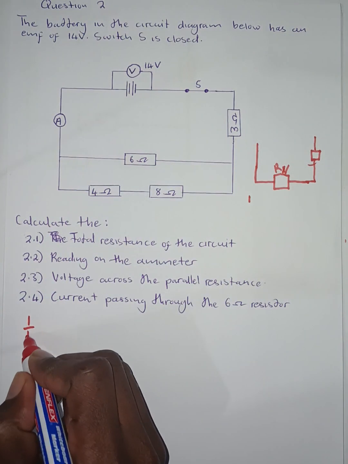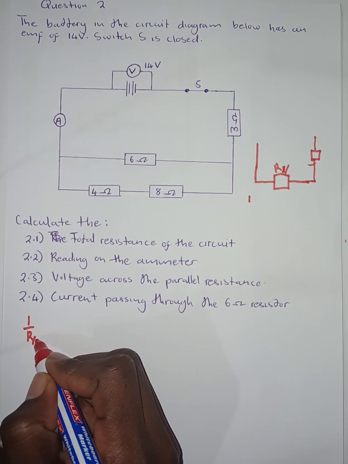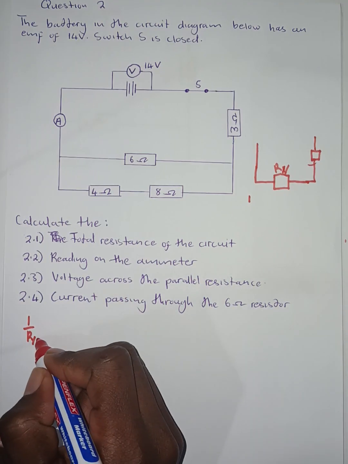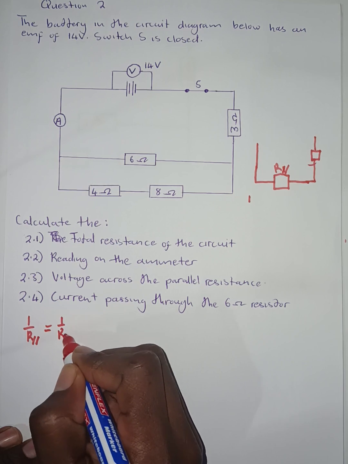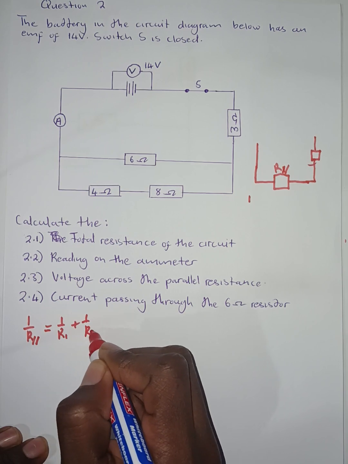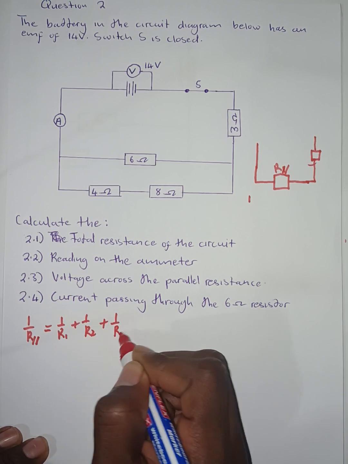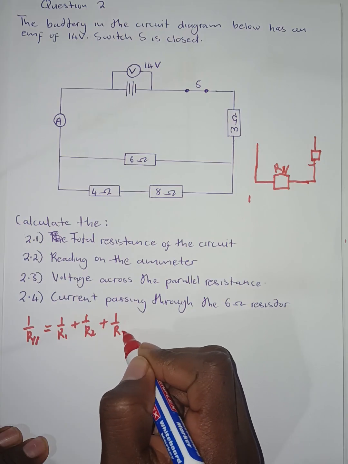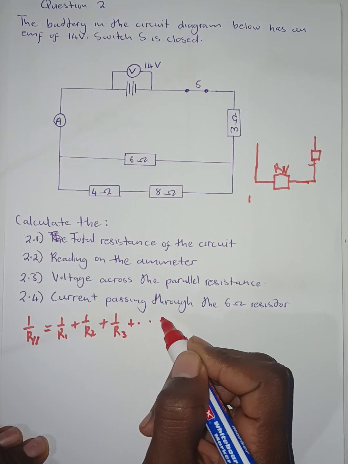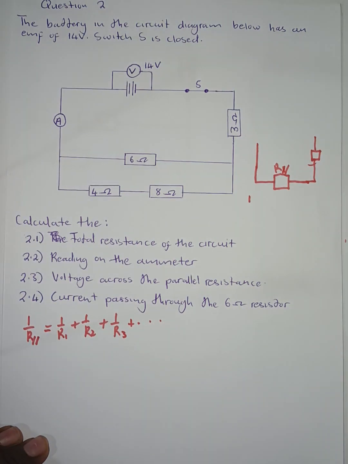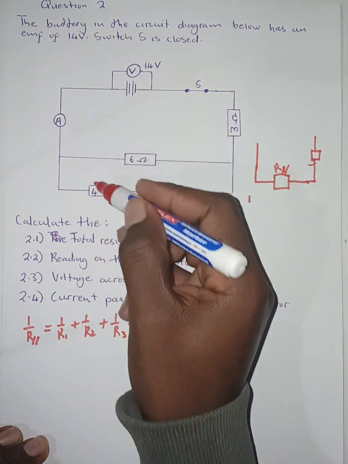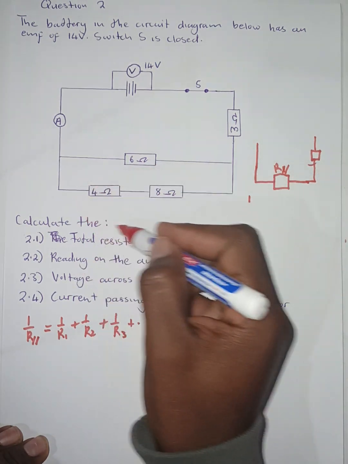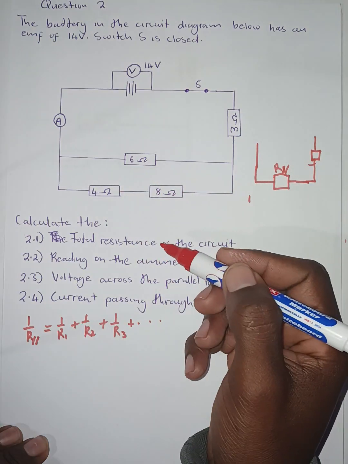So we know that to calculate the resistance of resistors that are parallel to one another, we use 1 over R parallel equals 1 over R1 plus 1 over R2 plus 1 over R3, and so forth. But what you need to note is that when we calculate R parallel, the first thing we do is combine these two and treat them as one, because they're in series with one another, right?